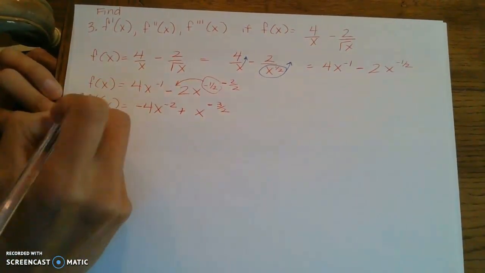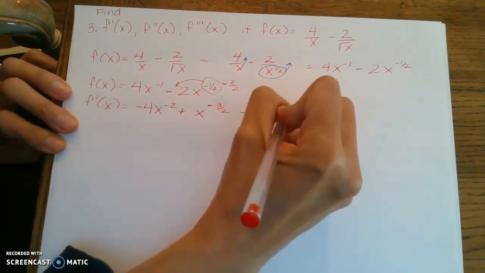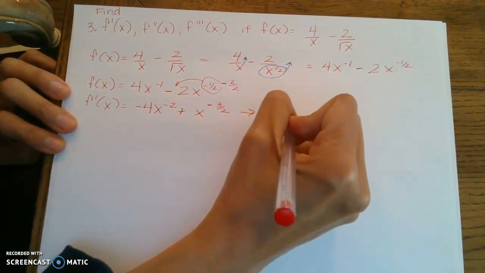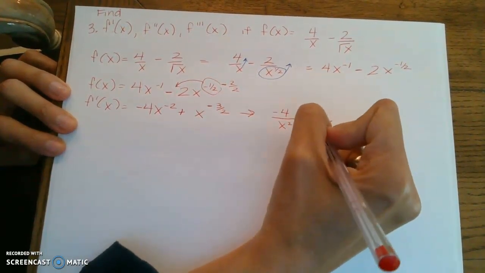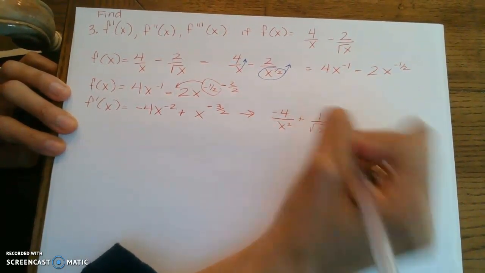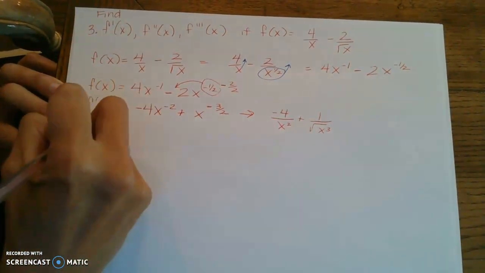And so this is my first derivative. Now you could rewrite it as negative 4 over positive x squared plus 1 over the square root of x cubed. However, I need to find the second derivative, so I need this back in this form.